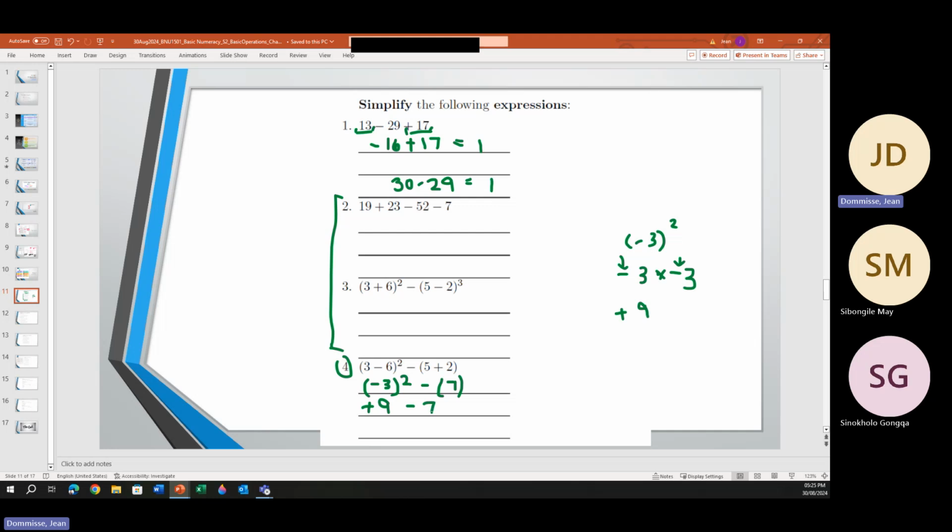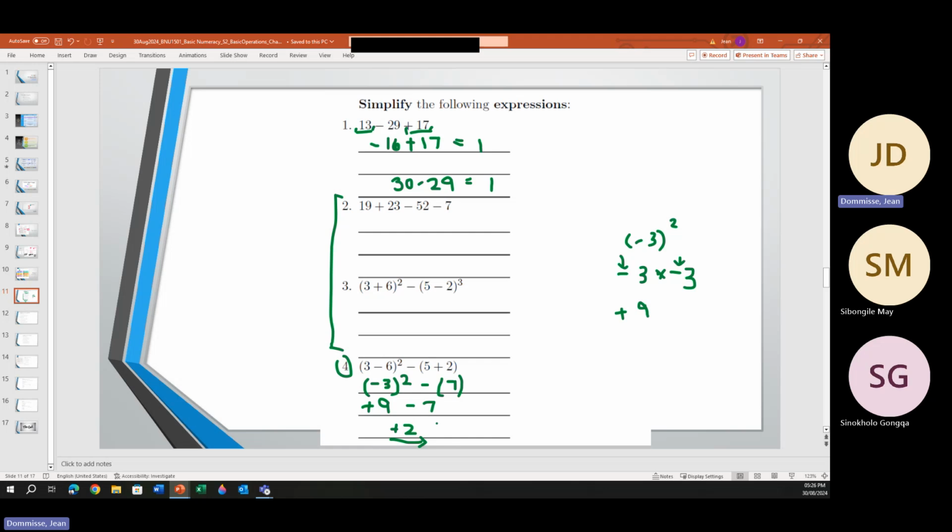We don't have any multiplication or division, so the next step is adding and subtracting. Plus 9 minus 7 is a positive 2. So I just wanted to show first brackets, then exponent, and then you do the next step.